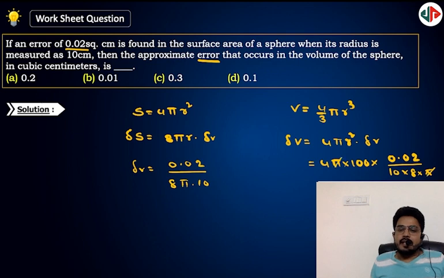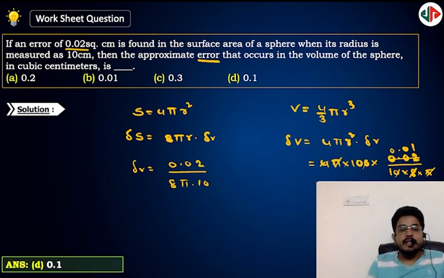Pi cancel, 8 will be cancelled, 2, this 2 will be cancelled, 0.01, and 10 will be cancelled here. So the answer is going to be 10 into 0.01 is equal to 0.1 cubic units.